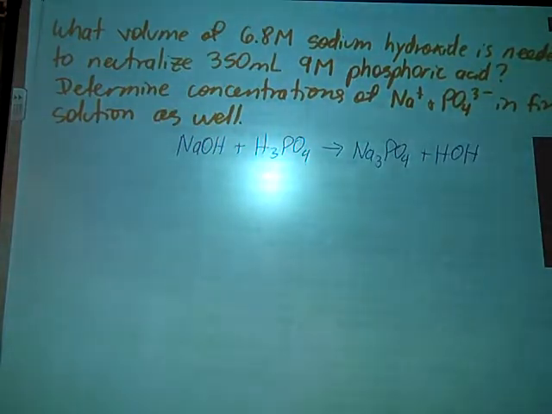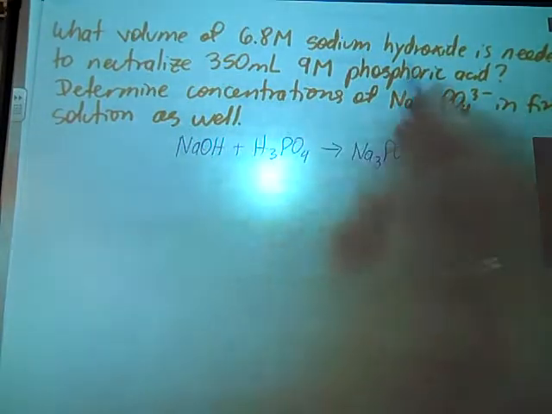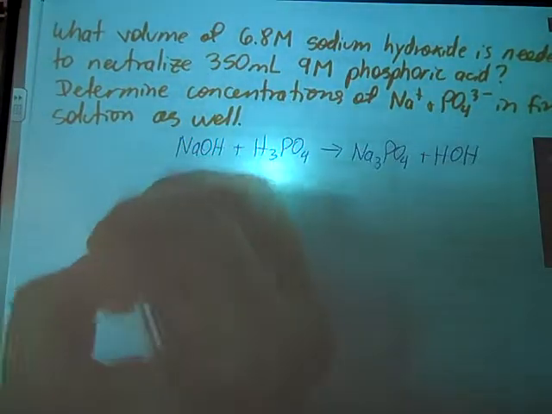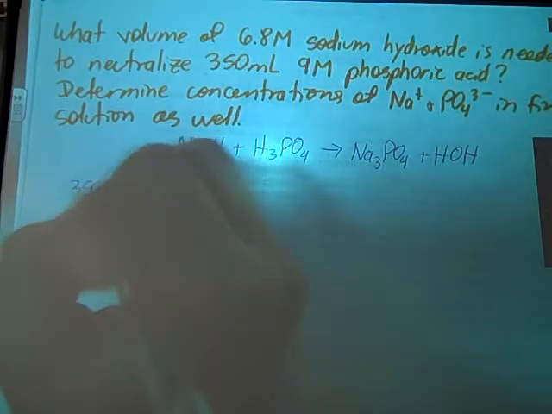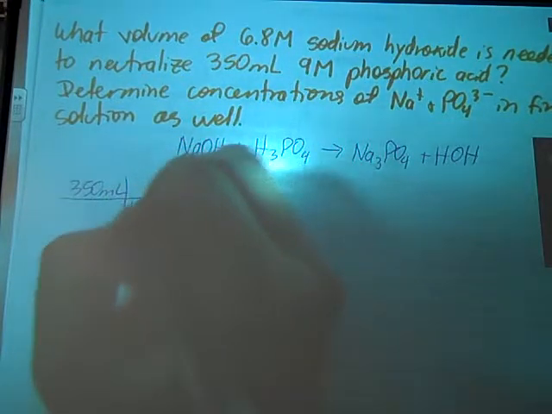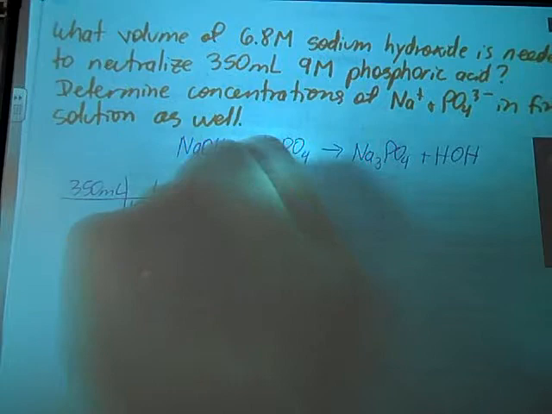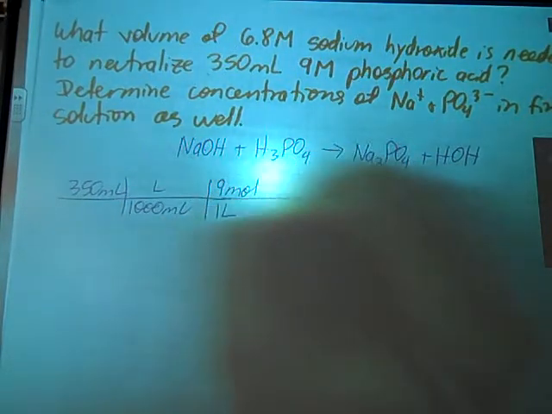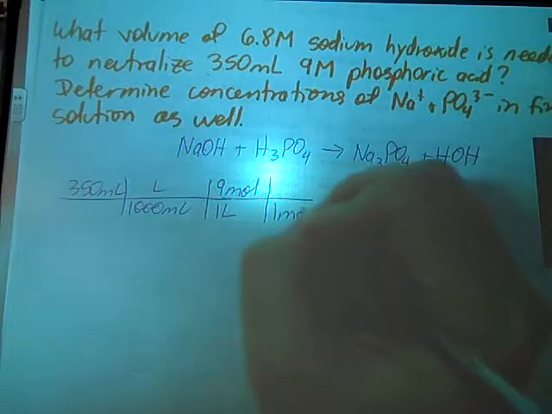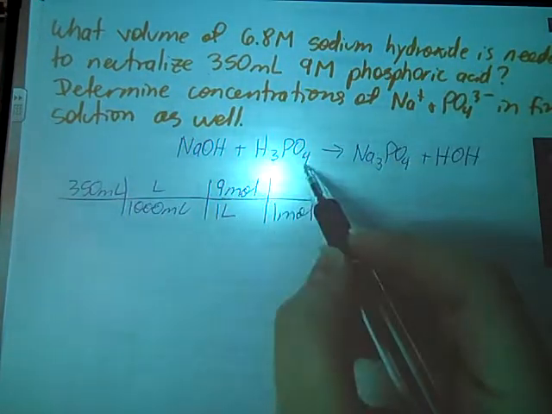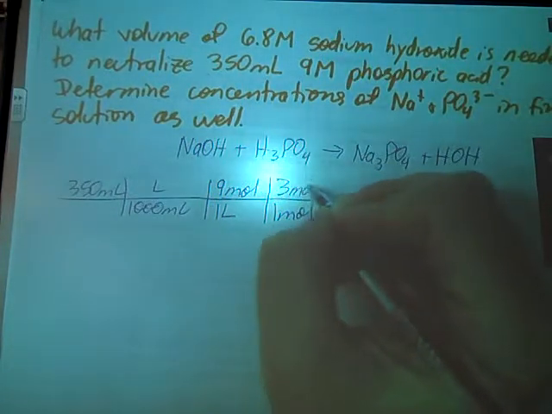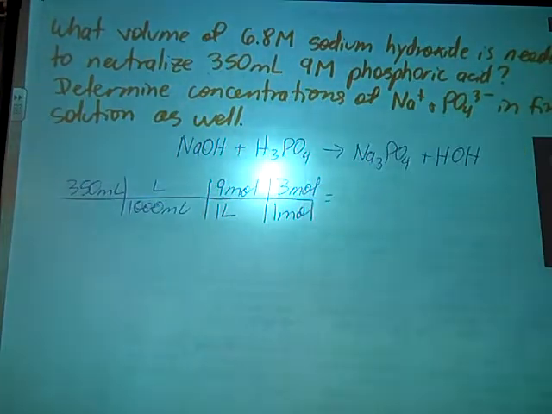Okay, hopefully by now you are familiar with our neutralization protocol, if you will. Since they gave me both the volume and the molarity of the phosphoric acid, I'm finding H plus first. 1,000 milliliters per liter, 1 liter per 9 moles of that solution. Since it's phosphoric acid, look here: 1 phosphoric acid molecule gives me 3 moles of my H plus.